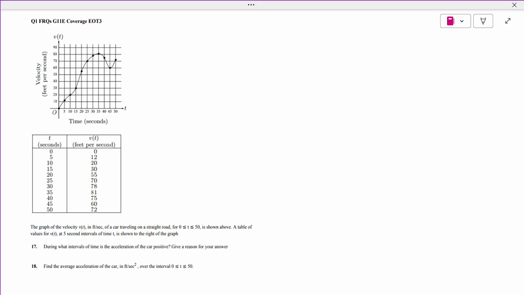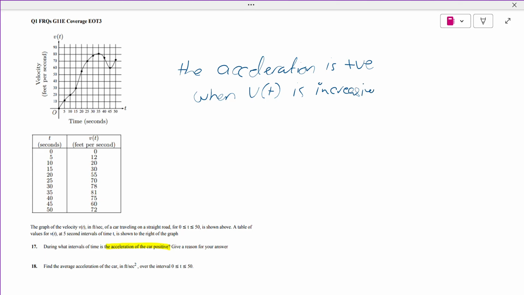of the car positive? Well, the acceleration is positive when v of t is increasing, right?